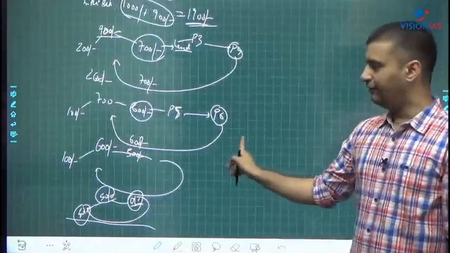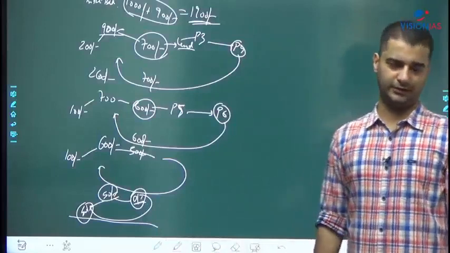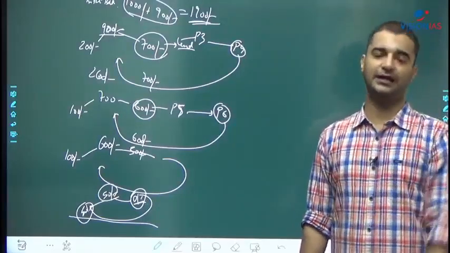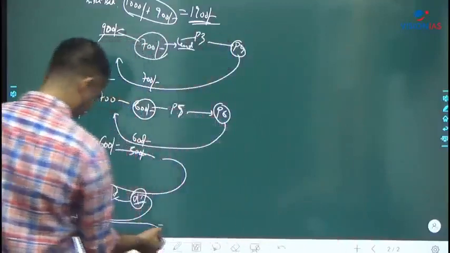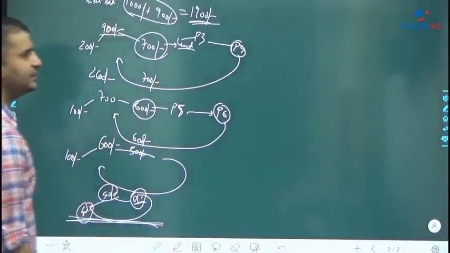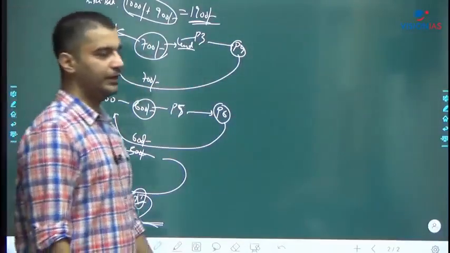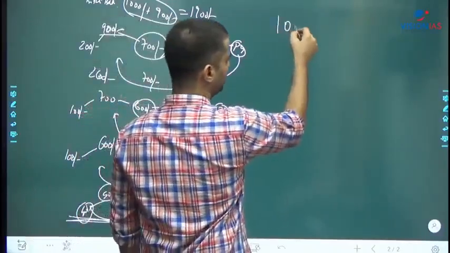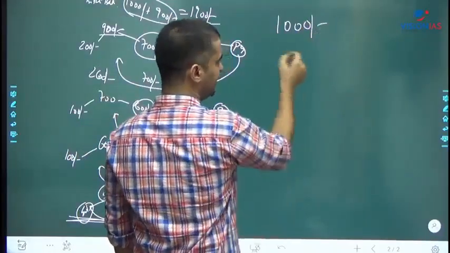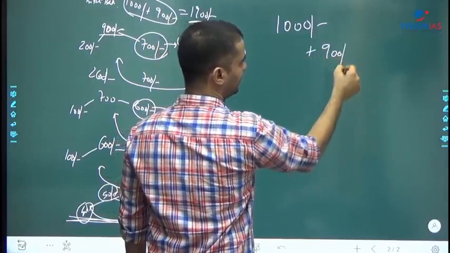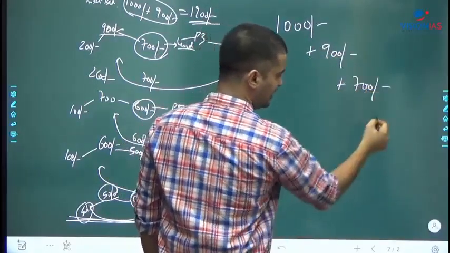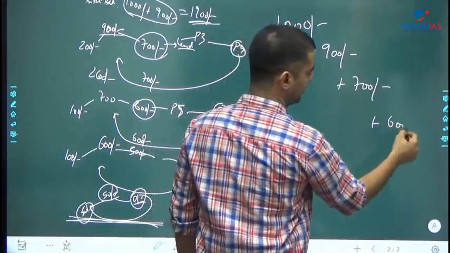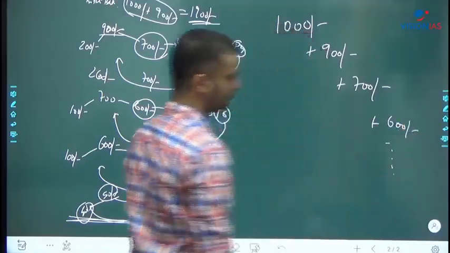Finally, when this process comes to a halt, let us say at this point, initially deposits were 1000, in the next round deposits were 900, in the next round deposits were 700, in the next round deposits were 600, so on so forth.